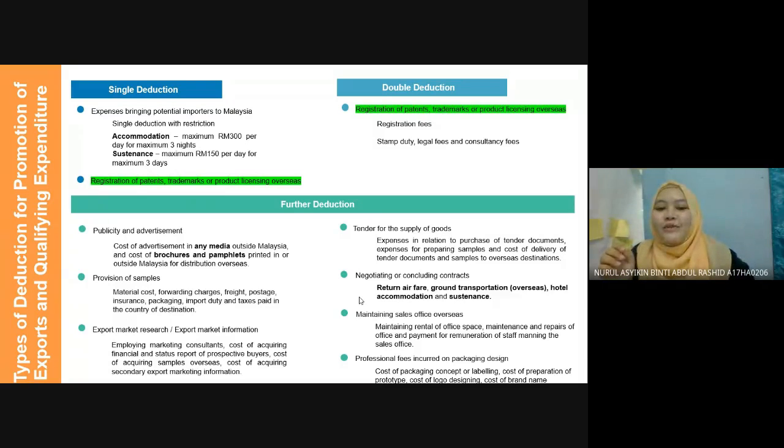And then tender for supply of good, which is expenses in relation to purchase of tender documents, expenses for preparing samples, and cost of delivery of tender document and samples to overseas destination.